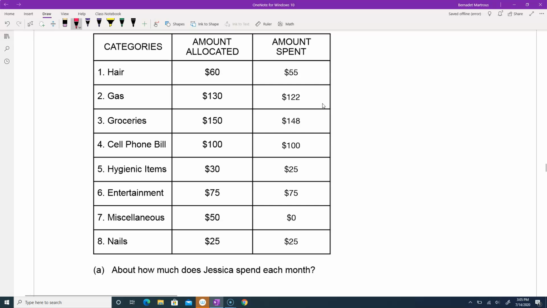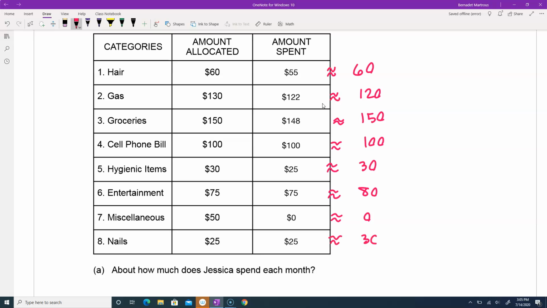I'm rounding to your cent, so that is 60. Here is 120. Here is 150. 100. 30. 80. This is 0. And here is again 30.